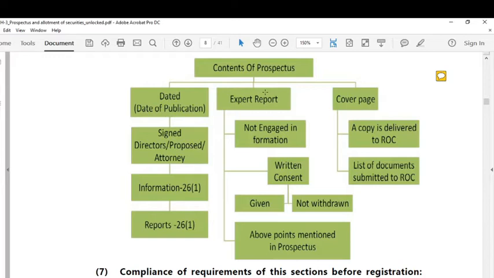So this report will carry a lot of weightage, and it is very significant to the shareholders who are going to purchase the shares.